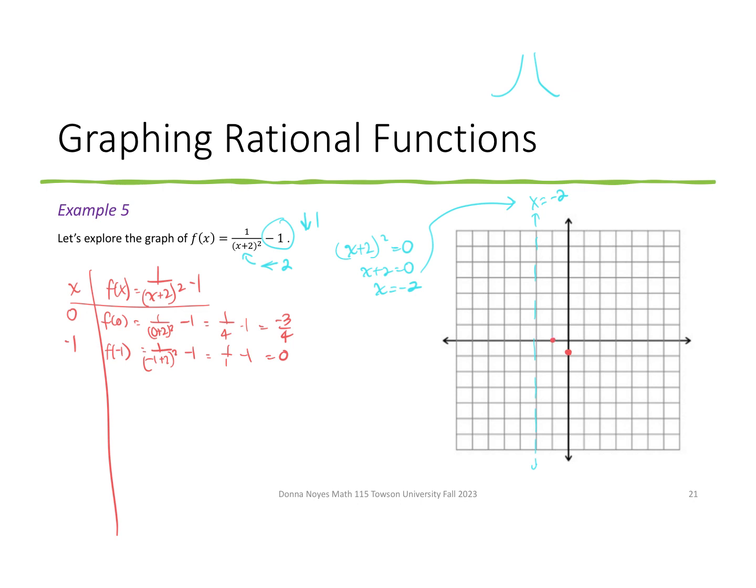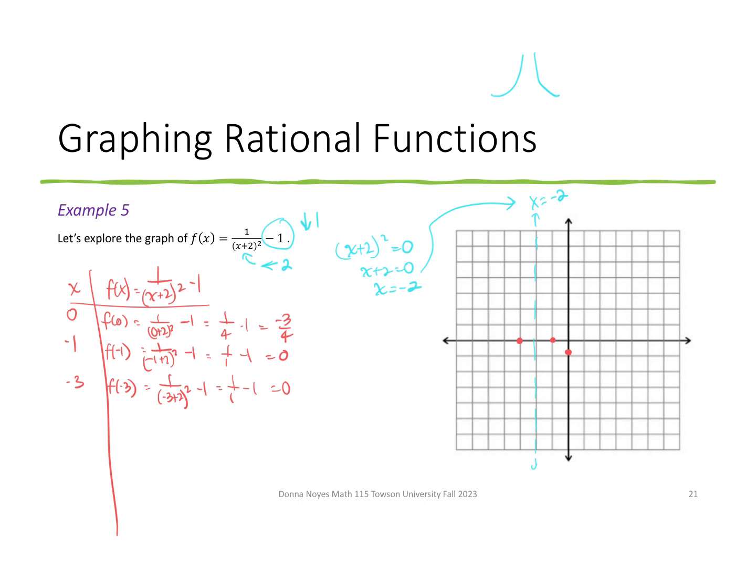So negative 1, 0. Oh, I think I see where we're going with this one. Let's try negative 3. F of negative 3 is going to give us 1 over negative 3 plus 2 squared minus 1, which is 1 over 1, minus 1, which is 0. I see. Hopefully you do too.